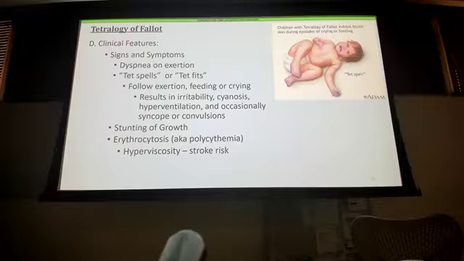So a TET spell is any time like they're crying or feeding, they become cyanotic. So in the video, you can hear the audio, and the mother is saying, well, how do I keep my baby from crying if I can't hold him? The reason we didn't want the baby to cry is because that crying increases that thoracic pressure, which increases that right-sided pressure, which then increases that shunting of right to left.